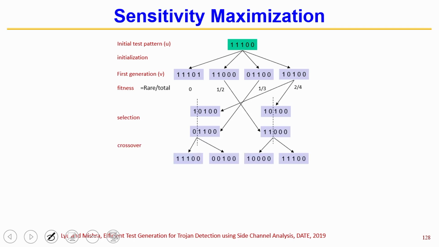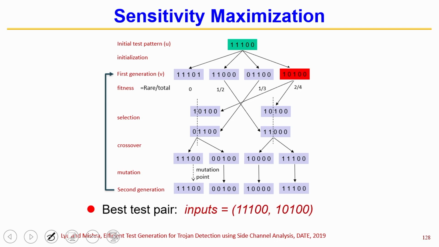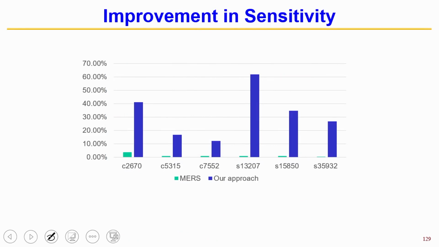Then you try mutation, selection, crossover, and iterate to see if you can improve. Eventually when you are not able to improve anymore, you say this is my first test case pattern, this is the pair I am interested in. That is the idea of maximizing switching through current analysis.